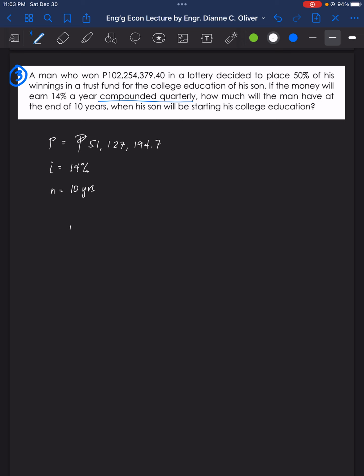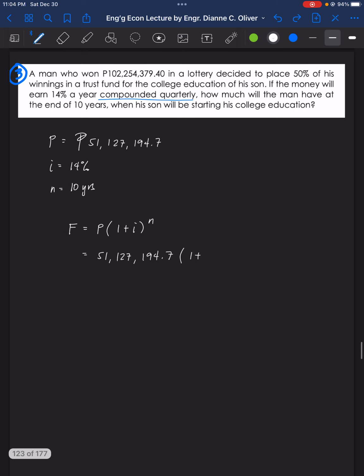From the formula for compound interest, we have F is equal to P times (1 plus I) raised to N. So F is equal to 51,127,194.7 times 1 plus I, and it says there compounded quarterly, so 4, and N is 10 times 4.